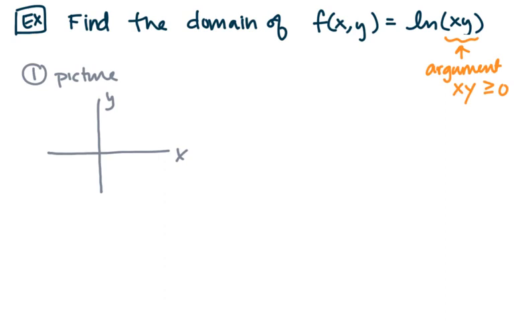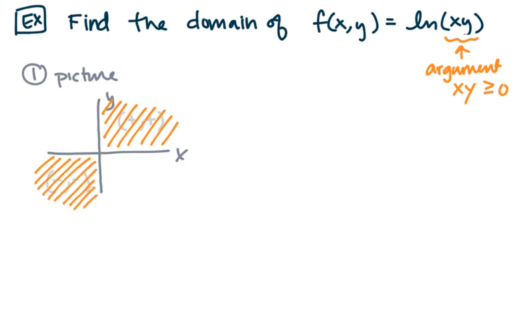And in quadrant 1 and in quadrant 3, x and y have the same sign. So that lets me know any point, any x and y ordered pair that is living in quadrant 1, that would be suitable inside the domain, as well as any xy ordered pair down here in quadrant 3.